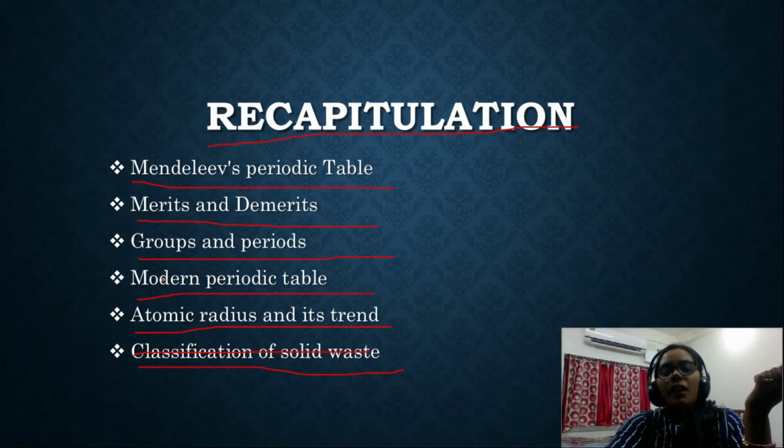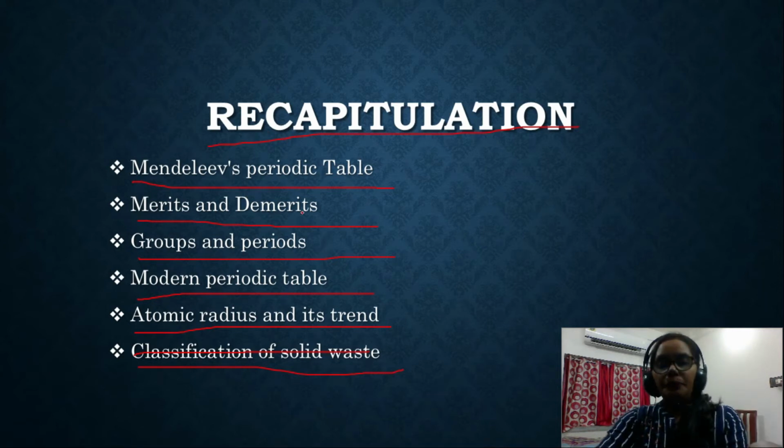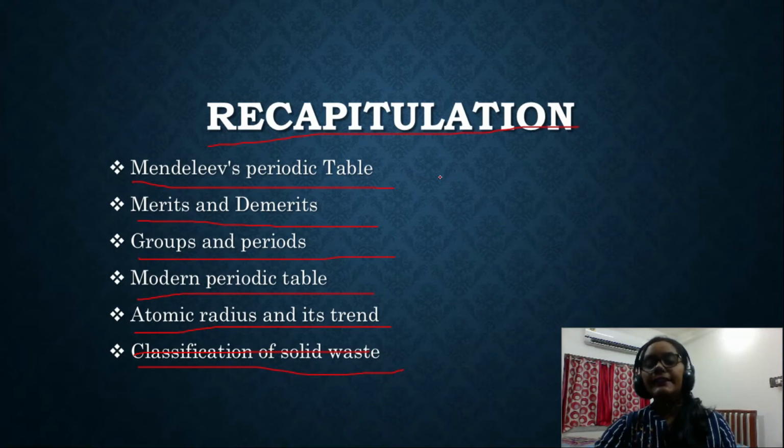Okay, and the modern periodic table, and also we have seen the atomic radius and its trend. So these are some of the topics that we have discussed. Now I will show one video, and if you watch it, you can remember whatever we have taught.